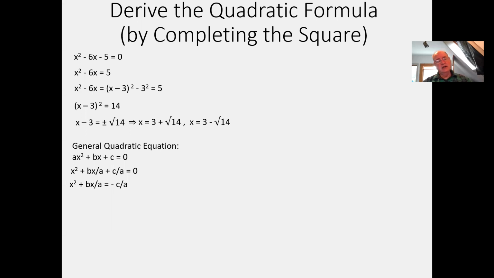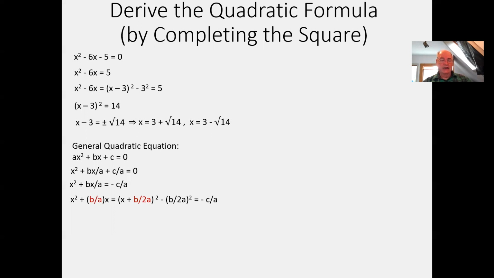And now I stare at x squared plus bx over A. I want to write that as a perfect square. I know the way to do that is to take the coefficient in front of the x, b over A, and cut it in half, making it b over 2A.